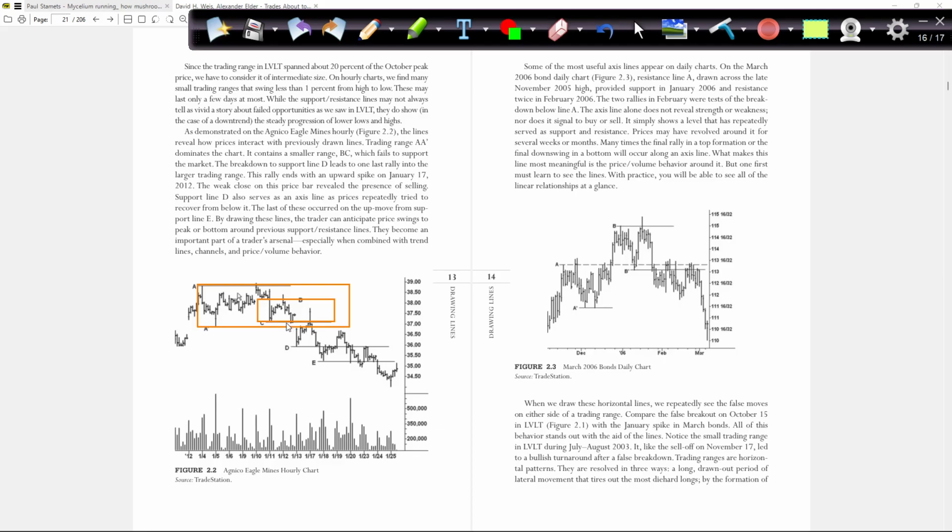Okay, we have this bigger trading range here, then we have this trading range here. Okay, so saying that by drawing these lines, the trader can anticipate price swings to peak or bottom around previous support resistance, right? So after drawing this, we can say that we form a peak here, we form a bottom here, we draw this support, this range, right?